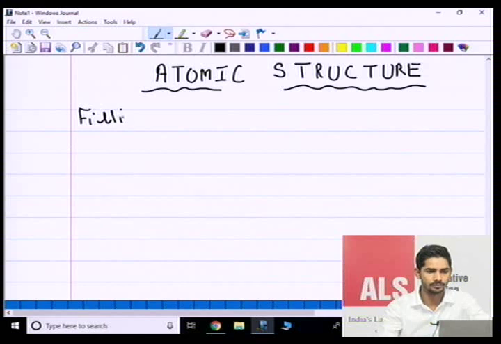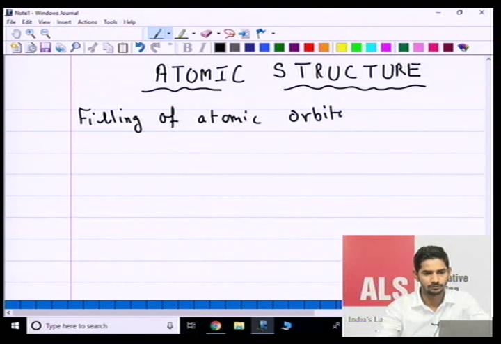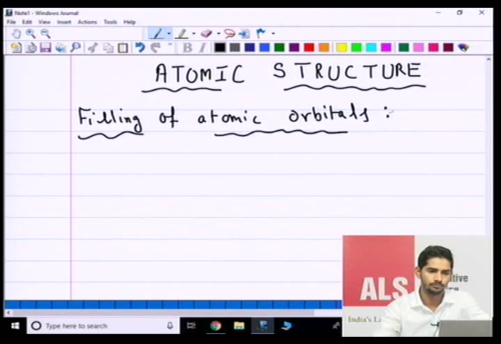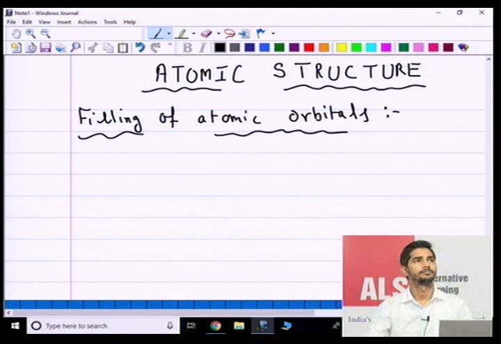Filling of atomic orbitals. This is the next topic. So while filling the atomic orbitals, there are certain rules that we have to follow.